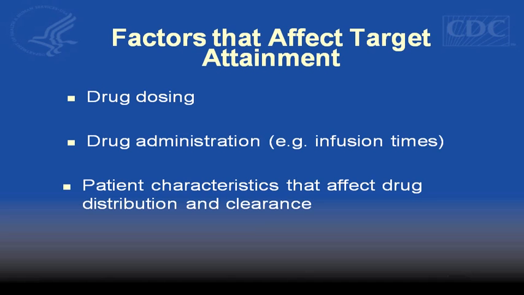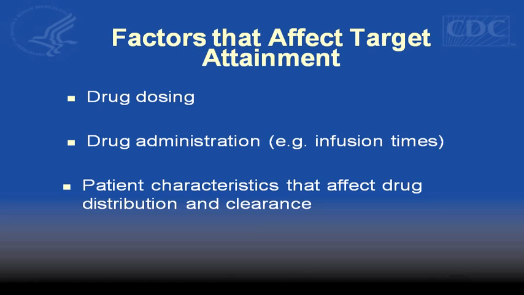So for example, if a drug is given in continuous infusion as opposed to intermittent infusion, you can have different Monte Carlo simulation results. And there are also patient characteristics that can affect this, and this would result in differences in distribution and clearance.